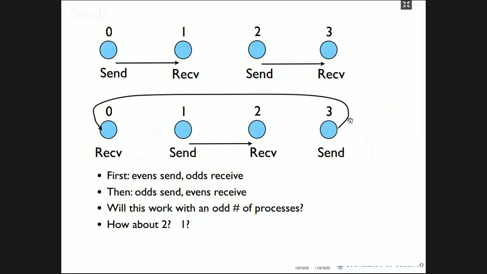All the evens will send, they'll finish, the receive will happen on all the odds, and then it'll keep going. So that's a way to avoid the deadlock. Does that make sense? Do people see the difference between that one and what we had before?